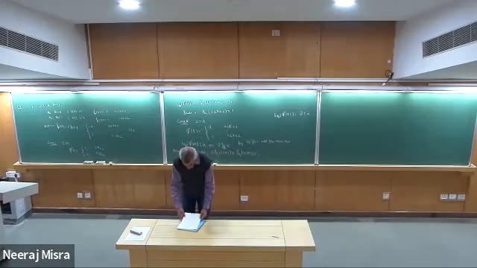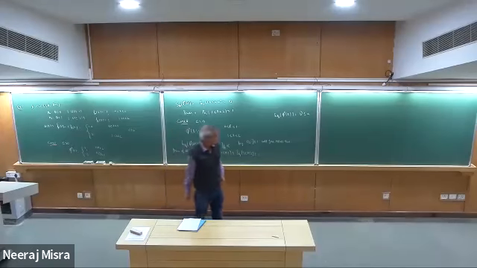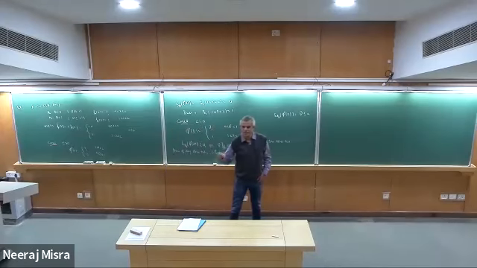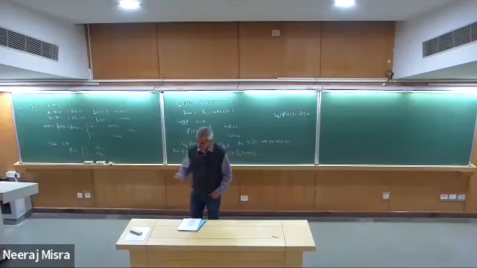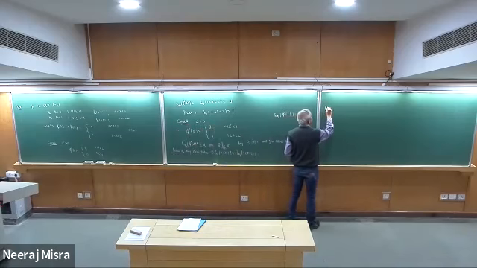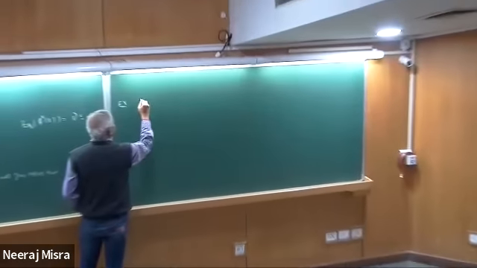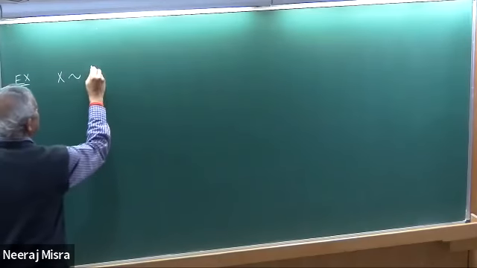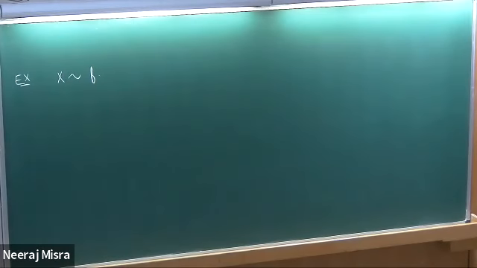I have given you homework, a lot of problems. There is a problem of testing normality against Cauchy distribution, right? There's a question which says that X is a single observation which has density f.